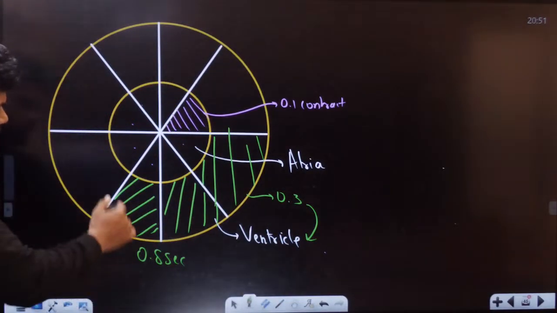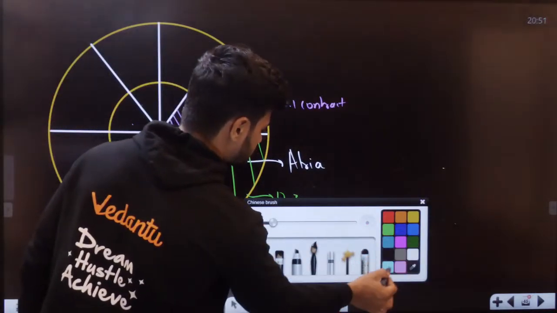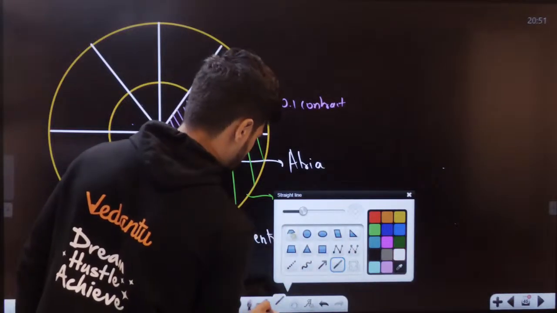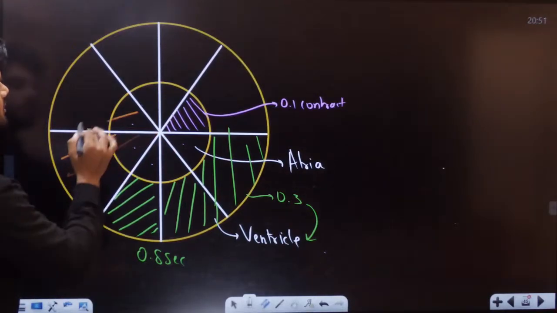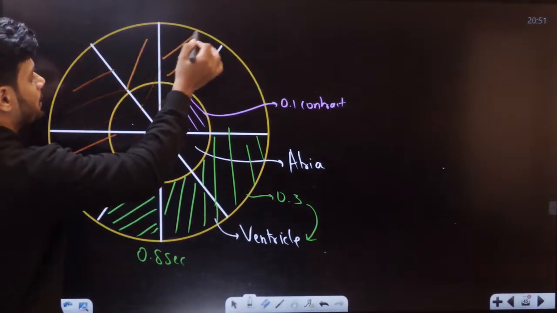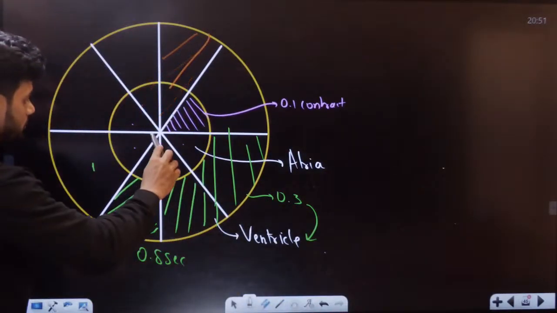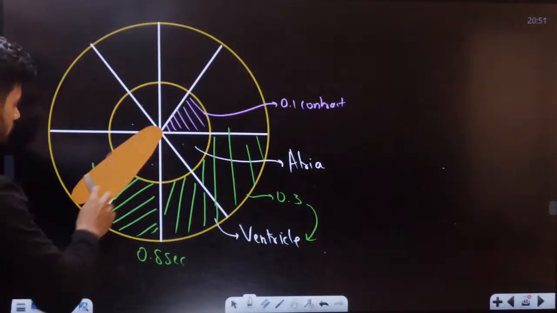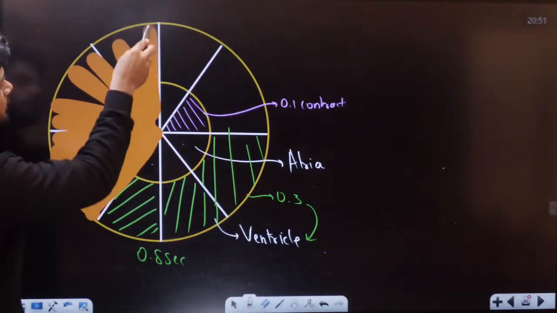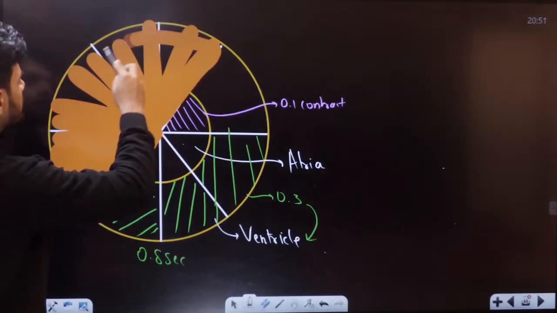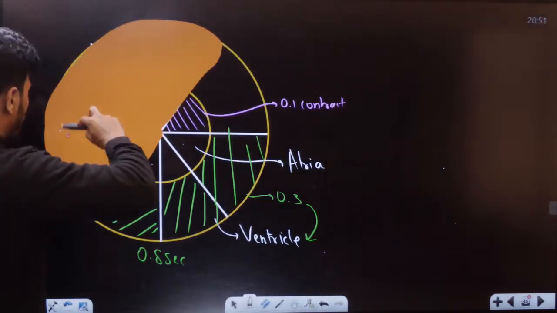Now can I tell from this entire region, this part here, this part here, this part here and this part here, 0.1, 0.2, 0.3, 0.4, can I tell both are resting?